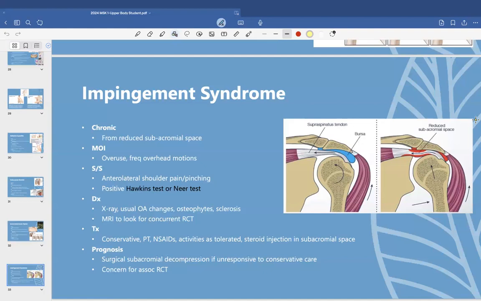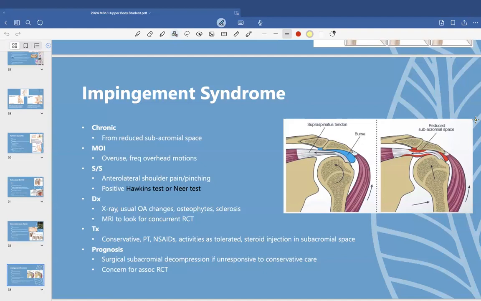Typically, we treat this conservatively, especially at first. Steroid injection maybe to calm everything down. But if this gets severe, you might have surgical decompression. Again, this is usually done when we fix a rotator cuff tear. So once that tendon detaches, we fix the rotator cuff, and we'll shave off the bottom of the bone there. You leave more space, open up the space, so there's not as much pinching.